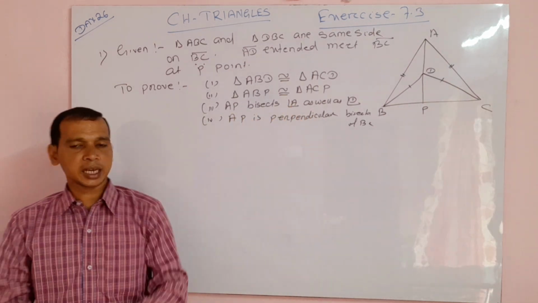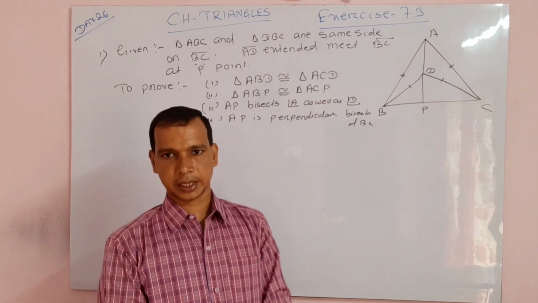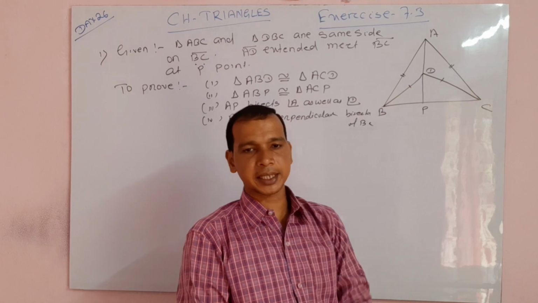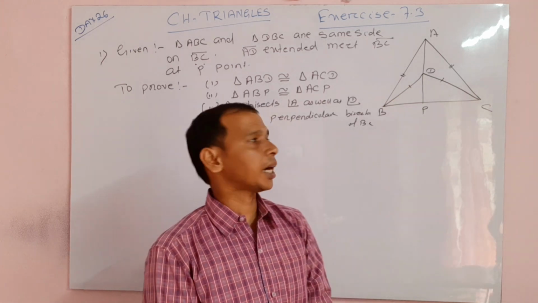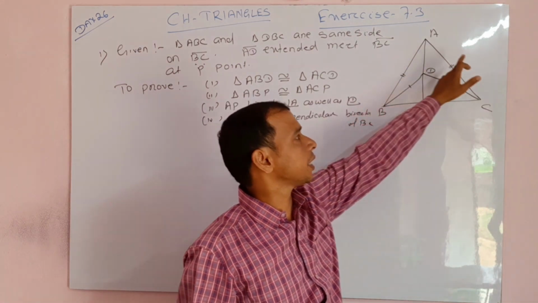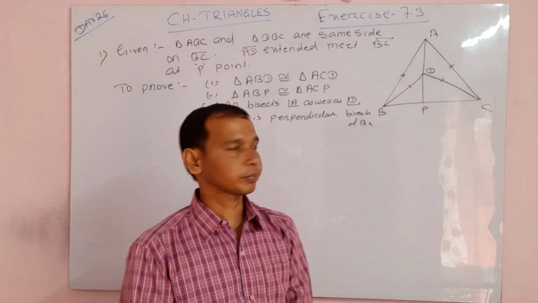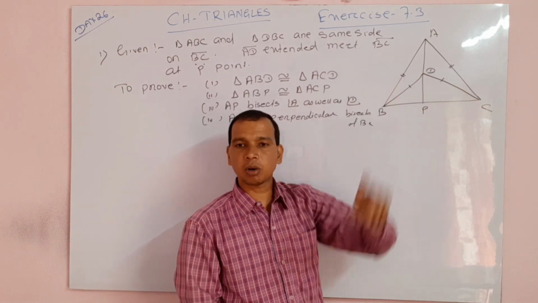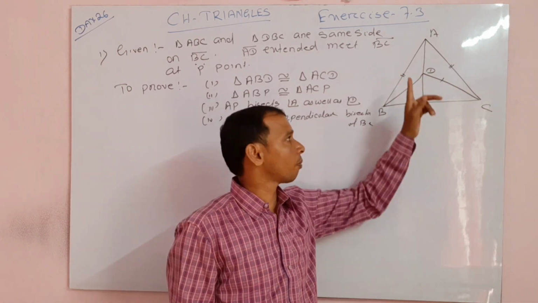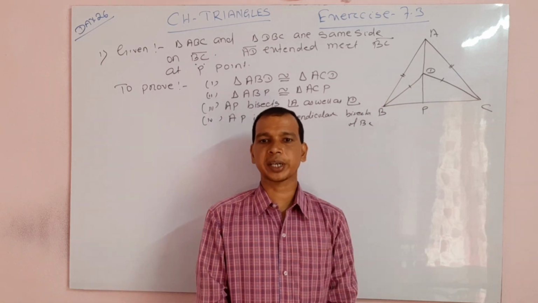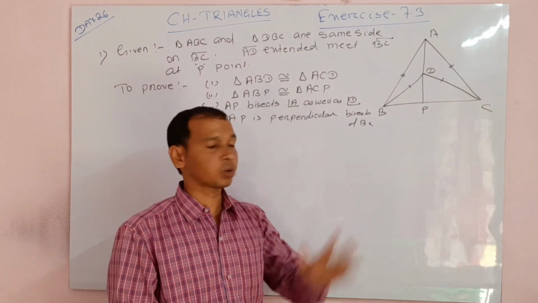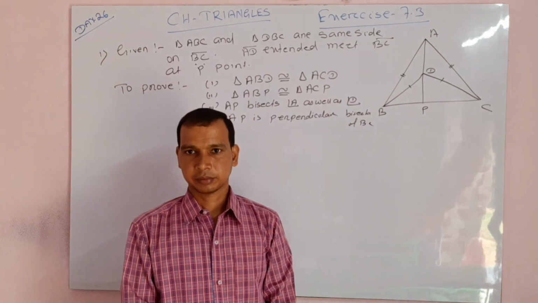Look, in the two triangles ABD and ACD: AB and AC are equal, BD equals CD because both are equal, and AD is common. So by the side congruence criteria, the two triangles are congruent.